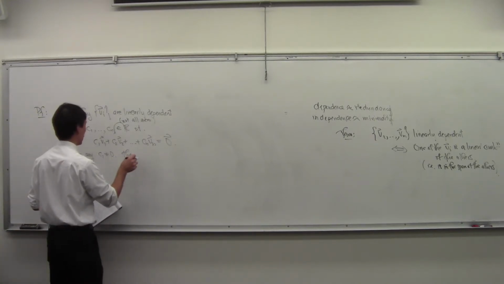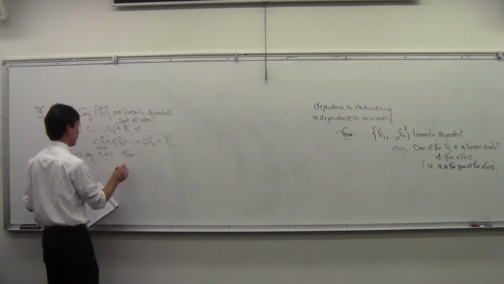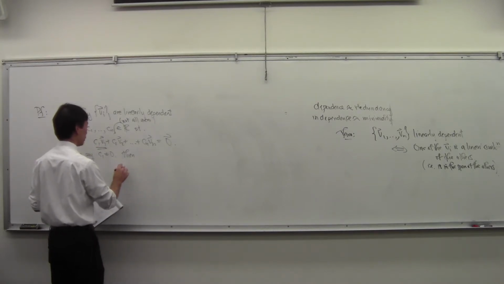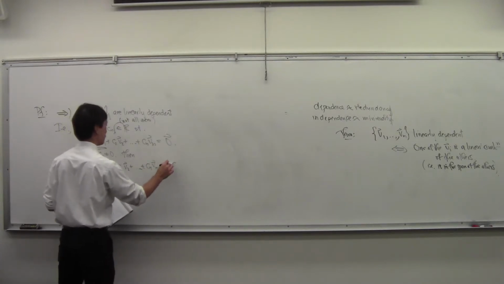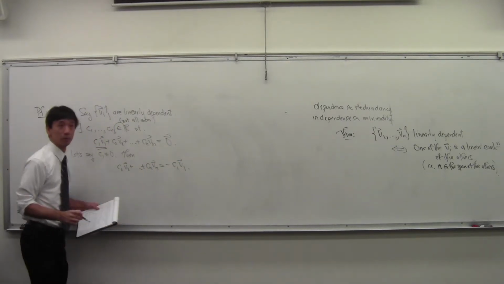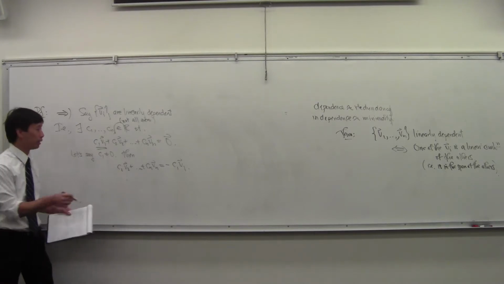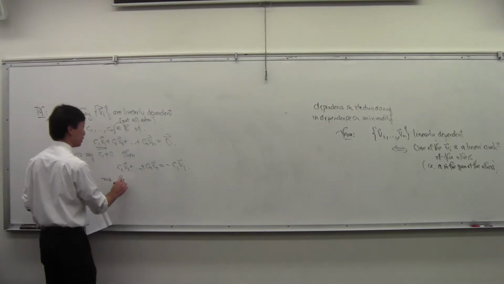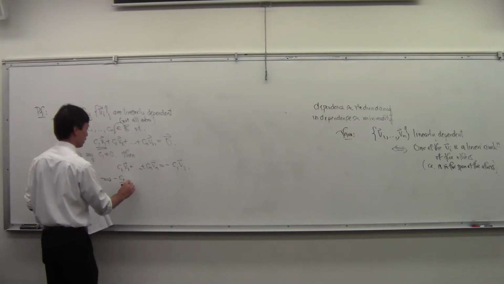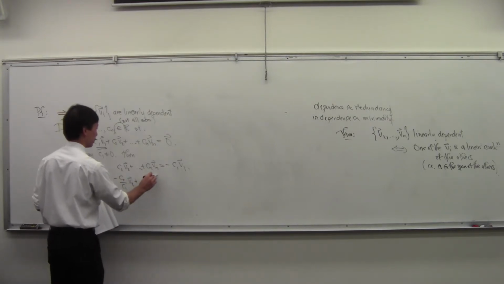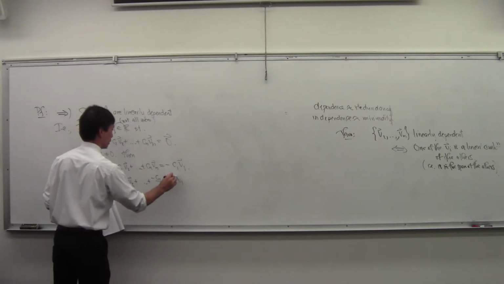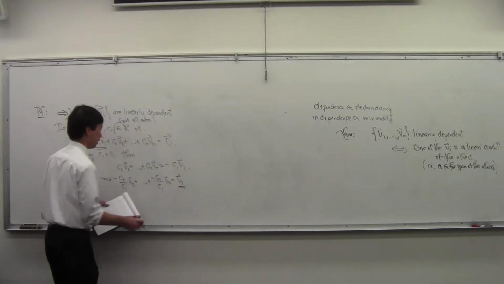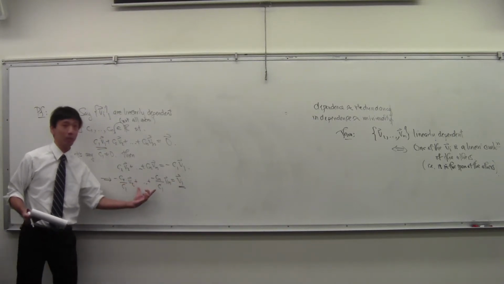Then we can move that guy to the other side. We say, well, look, C2V2 plus ... CNVN equals negative C1V1. But then, dividing both sides by negative C1, we get that V1 is a linear combination of the other guys.